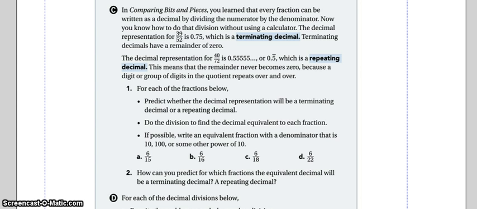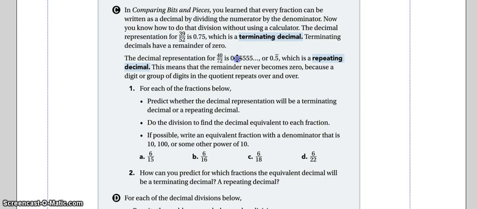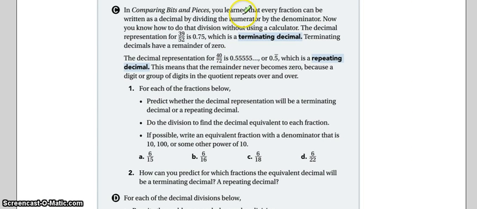For example, 4/9 would give us 0.5555 or 0.5 repeating with that little bar notation over the top, which means it would always get a 5 when we divide it out because it's going to repeat forever.